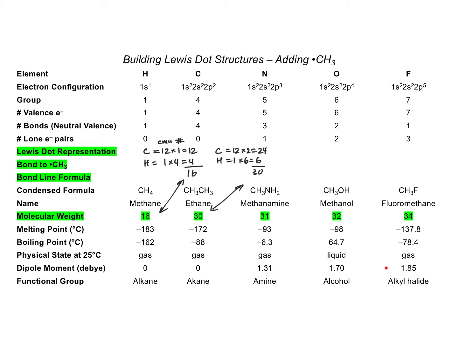So you can see that these molecules here are starting to have dipole moment. So we have these dipole-dipole attractions. We can have hydrogen bonding scenarios. So that's why you see these large jumps, for example, in melting and boiling points. And again, the last row here tells us the type of functional group these specific molecules reside in.